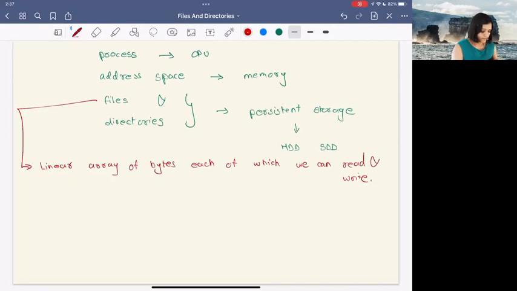Now, in the operating system, each file has a unique name. That's the language in which the operating system would understand.